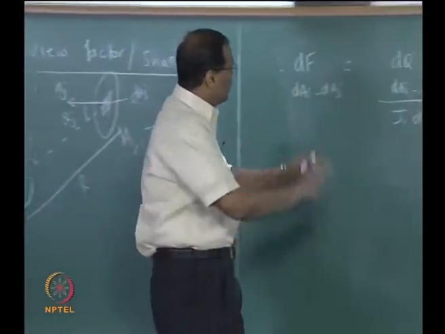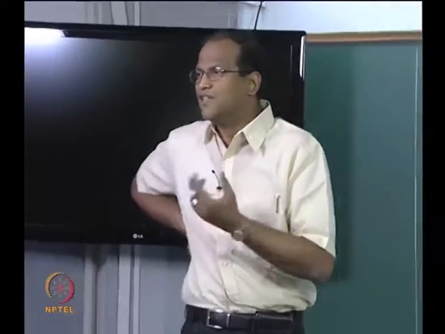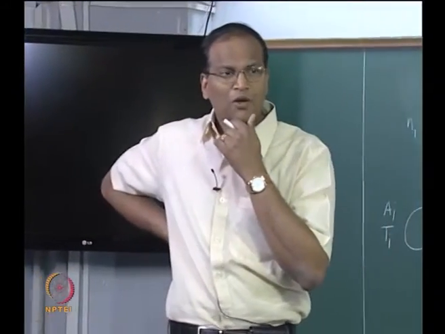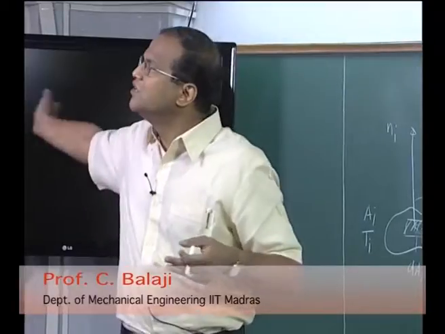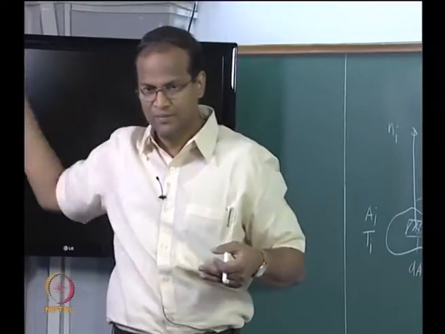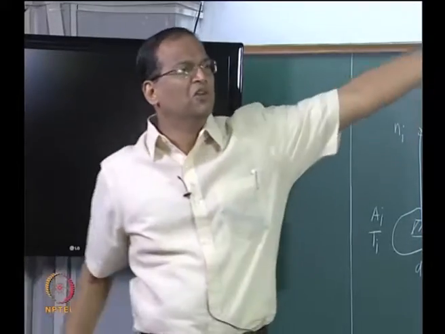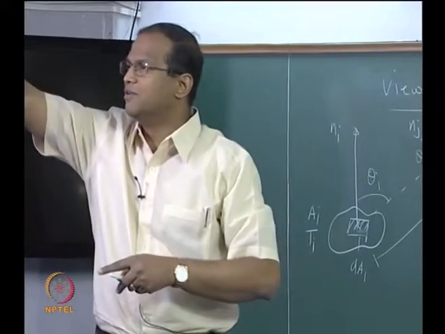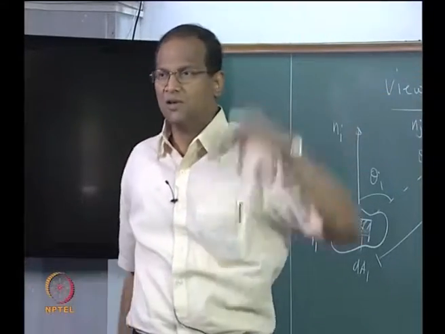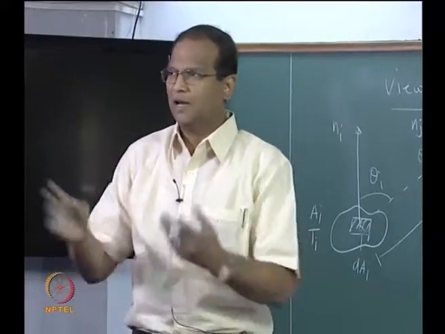This is a fundamental formula which can be used. For example, if you are computationally very rich and have a lot of resources, then each of the surfaces you can divide into thousands of surfaces and treat each as dAi. You divide that wall into another 1000 surfaces, each of these dAj. So you name these 1 to 1000, and 1001 to 2000. So 1 to 1001, 1 to 1002, 1 to 1003, the computer will calculate.